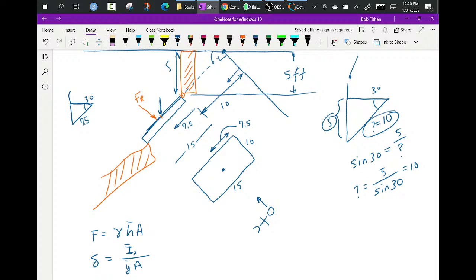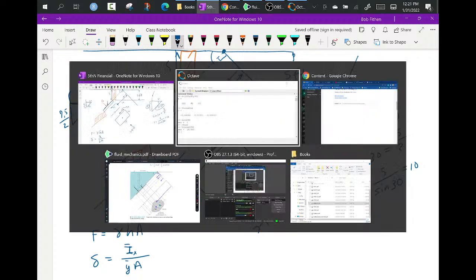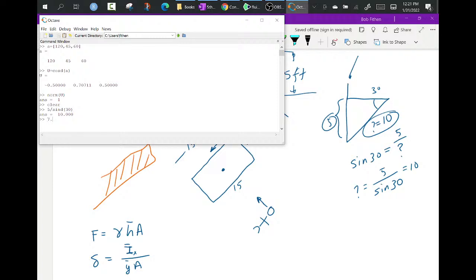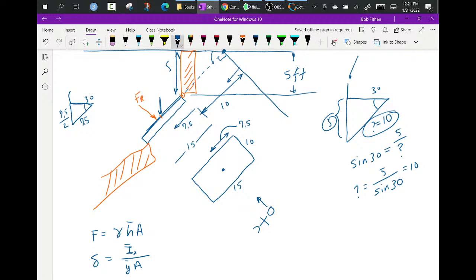That would be, this is 7.5 divided by 2, which is 3.75. So that extra distance here is 3.75. That means the distance from the top down to this location of the centroid is this plus that, or 8.75.